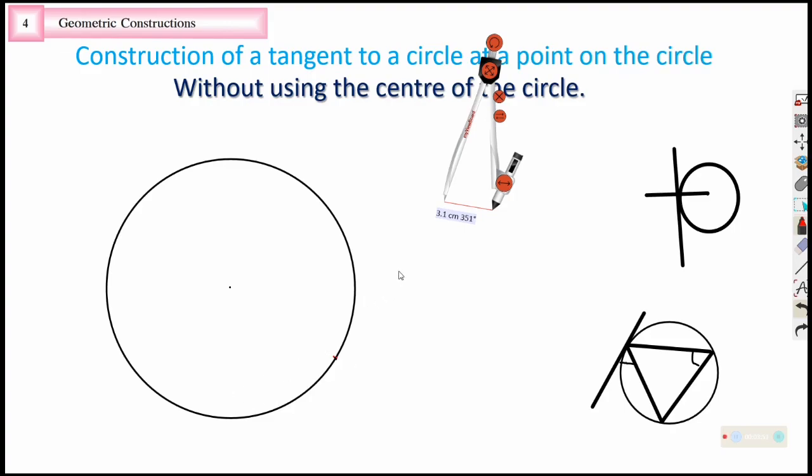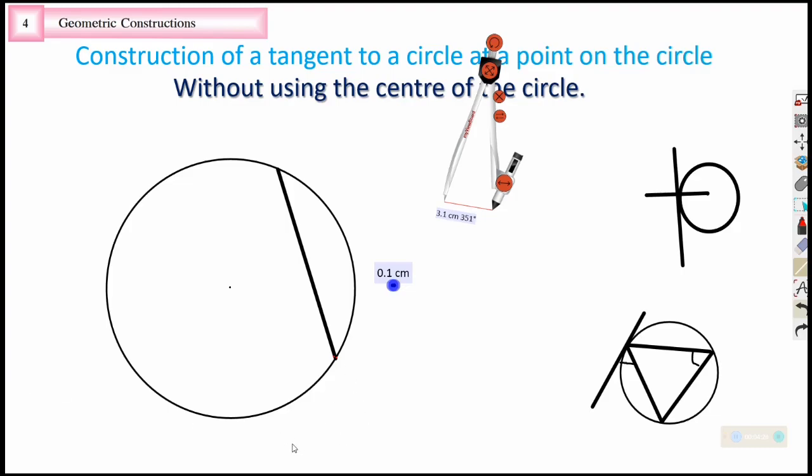I need a tangent here, but how to draw it without using the center? I could draw it simply because I wanted to show you. Now the method is that, this point is given, from that point draw a chord. You have drawn a chord.